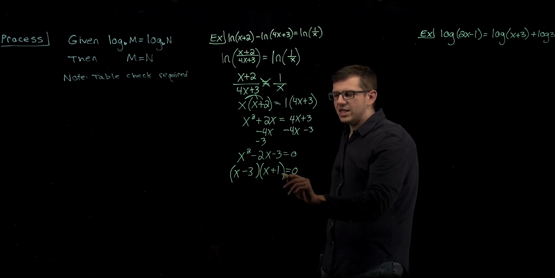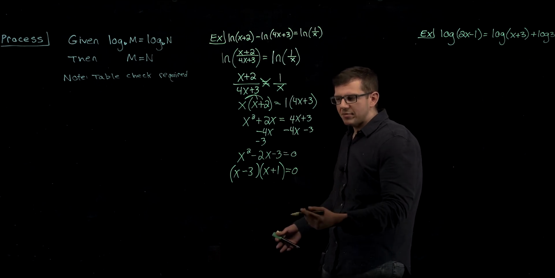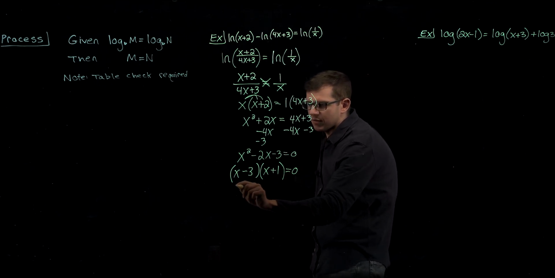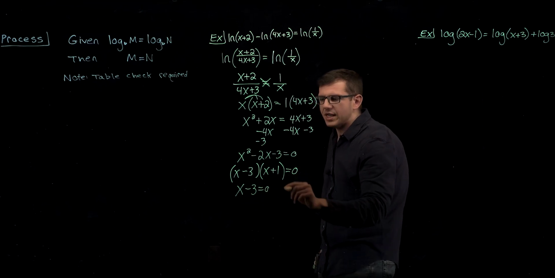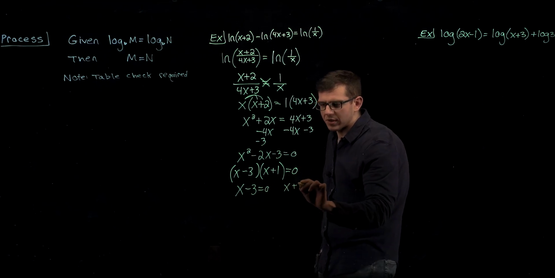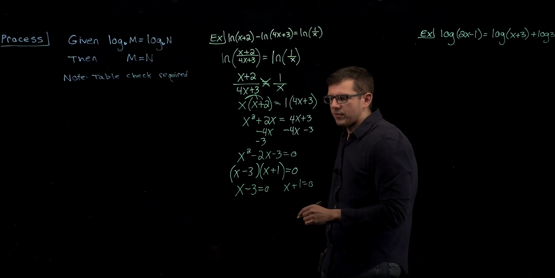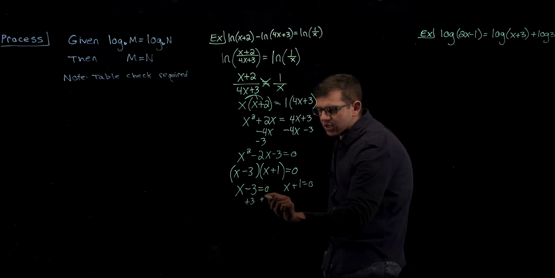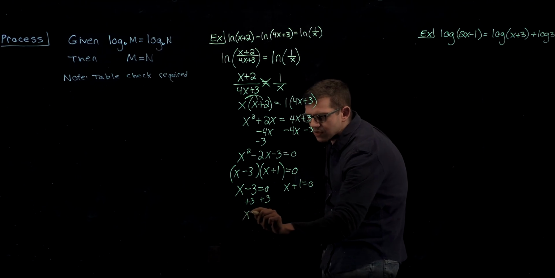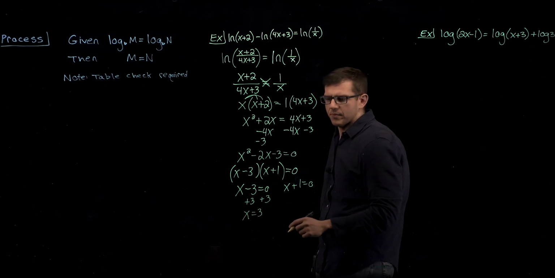And now we can take each of these factors, set them equal to 0, and solve. Remember, this technique requires one side equal to 0 to work. Now we'll add 3 to each side in the first equation to get x equals positive 3.